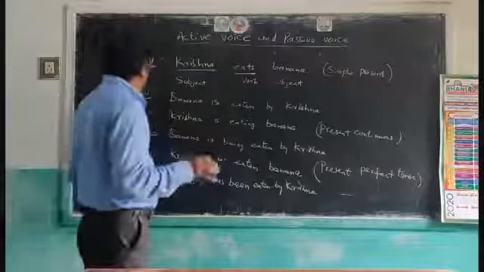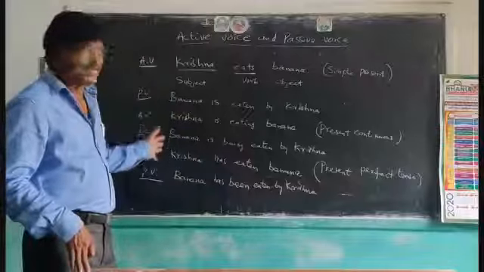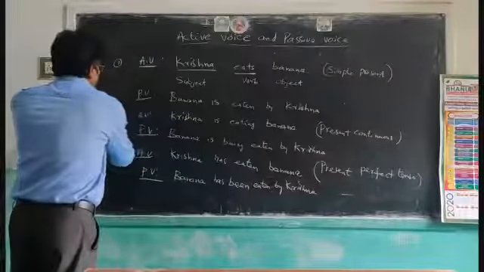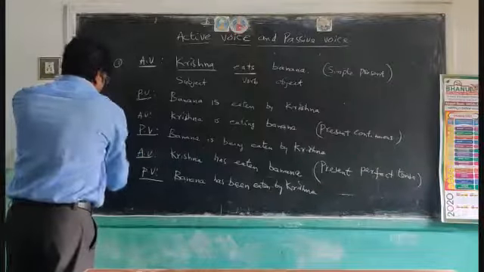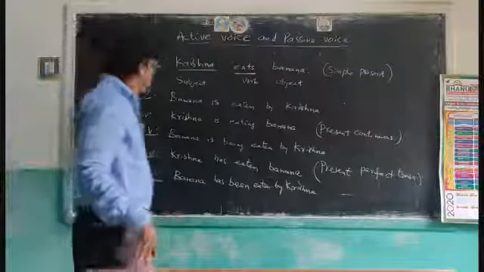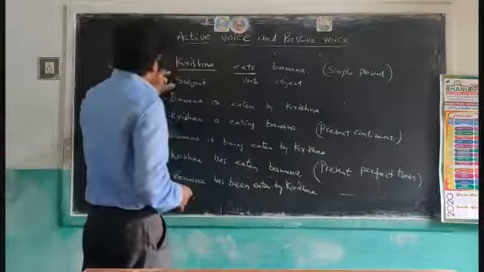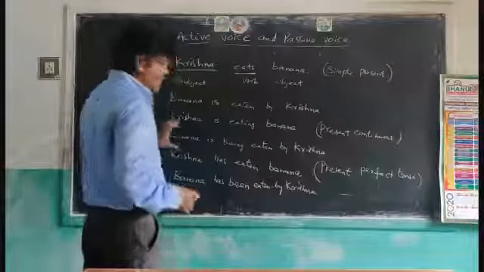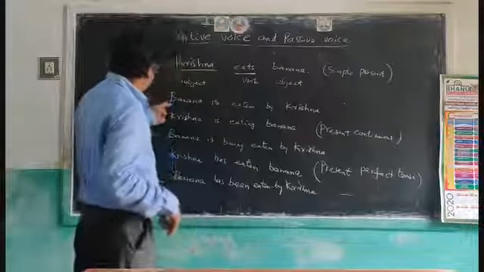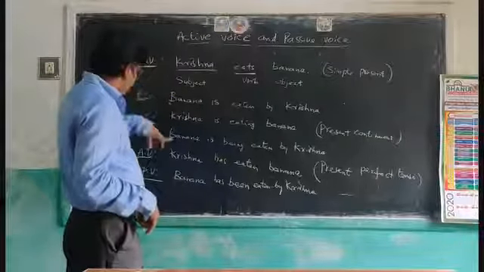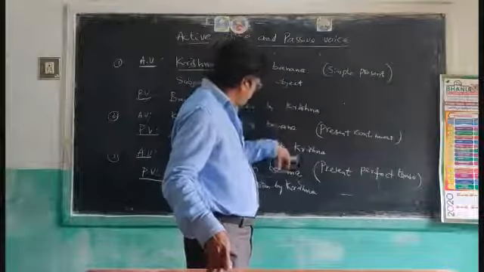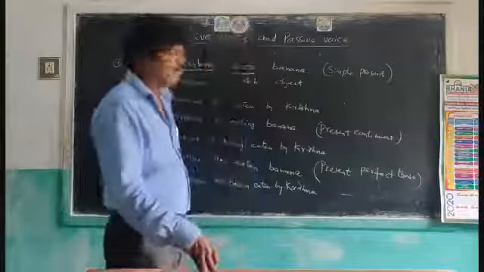I have finished 3 sentences. All these 3 sentences, if you observe, what are the changes? Compare the sentences. In all passive voice sentences, the subject is the same, banana. The object is the same, by Krishna.